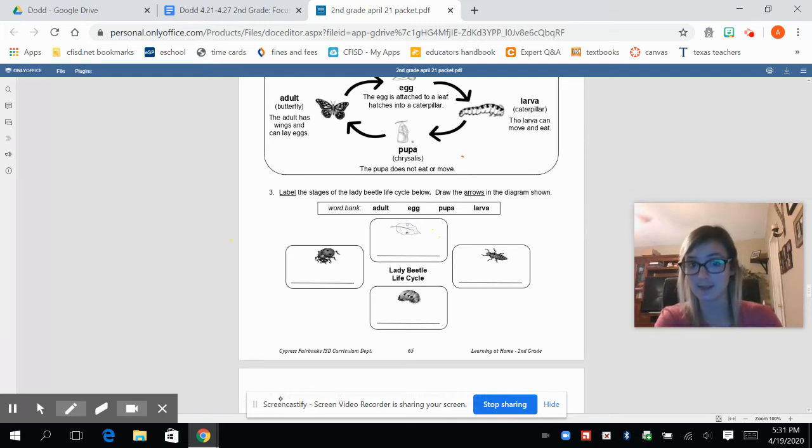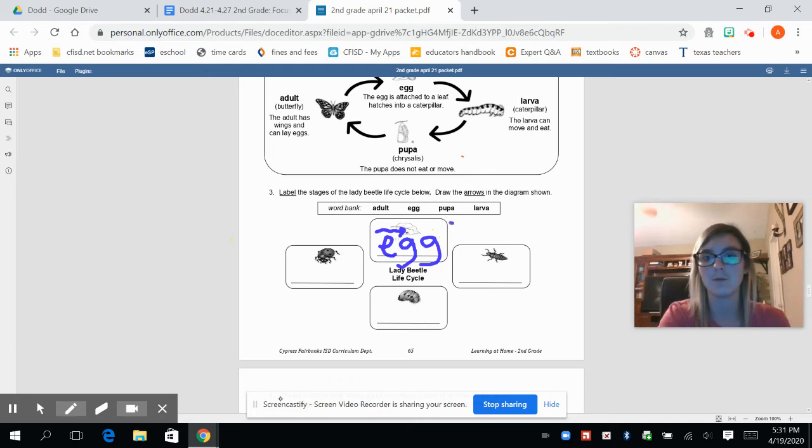So let's start here. This right here is step one, and we said that step one of the life cycle is the egg. So this is the egg, and you can see the egg right there on the leaf, just like we talked about. Then we're going to go down to step two. In step two, we have the beetle.